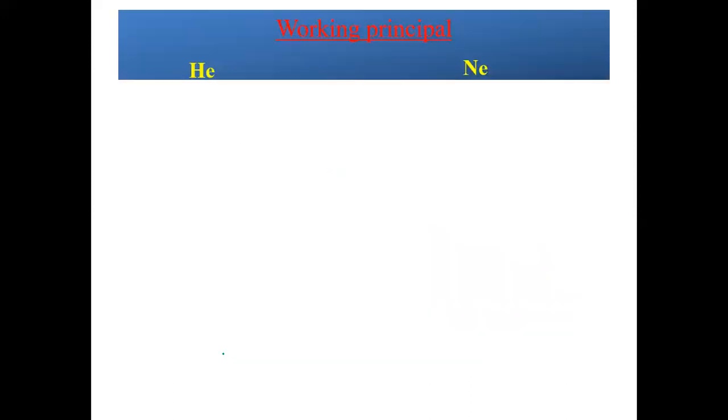The working principle of the helium neon laser is explained by using an energy level diagram. In the helium neon gas laser, we have a mixture of helium and neon gases. In this case, we are focusing on helium energy levels and neon energy levels.